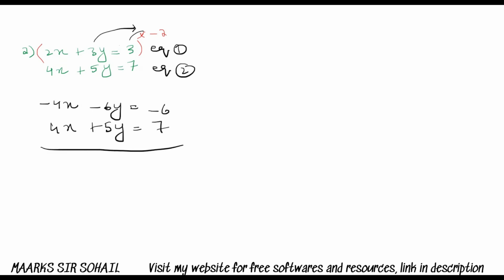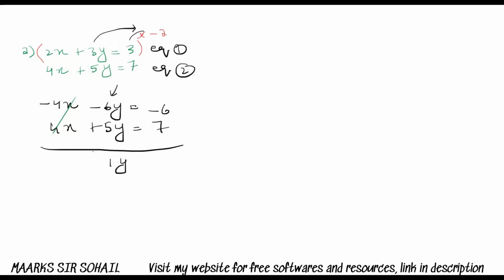Now you can see that here we have two same variables, x and x, with the same coefficient, 4 and 4, and the signs are different, so I can easily cancel it out. So I'm cancelling this, and now this is -6 and this is 5 here. So 6 minus 5 is 1.